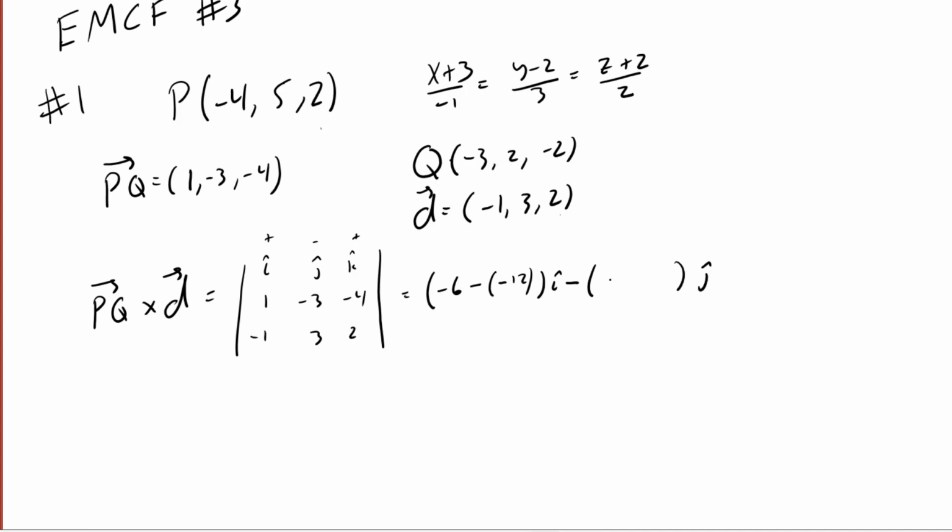We have 2 minus positive 4. Plus, crossing the last one out, we have 3 minus 3, so that's 0. So in component form, this is -6 plus 12, that's 6, minus minus 2, so that's positive 2, and that's 0.